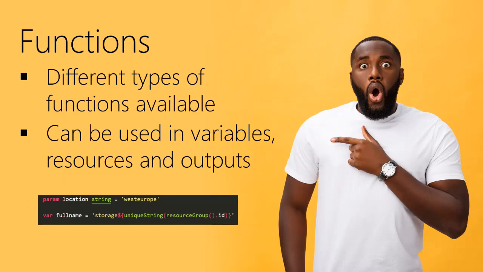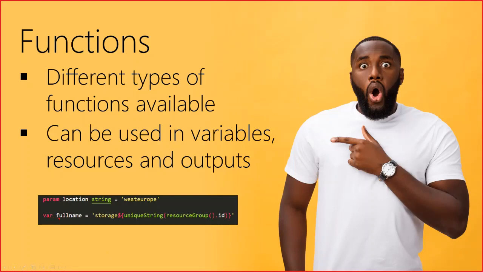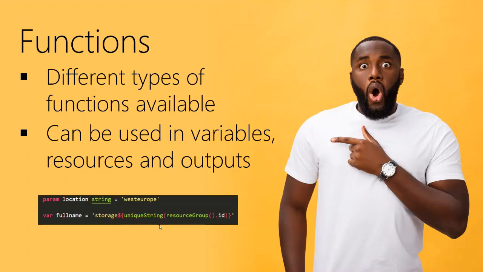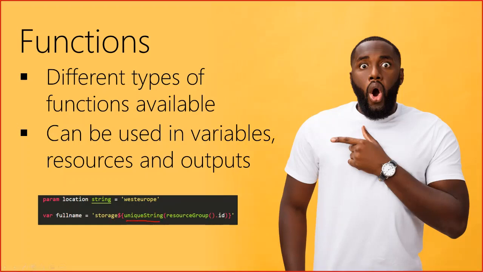So if you have a look at this example here, you can see that I'm constructing a variable name, full value, which consists of a string, which is a storage account, and then I'm using this function here, which is unique string, which means please generate some unique string based on some inputs, and the inputs here is in brackets.